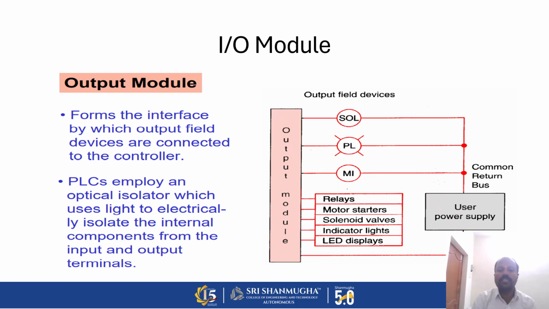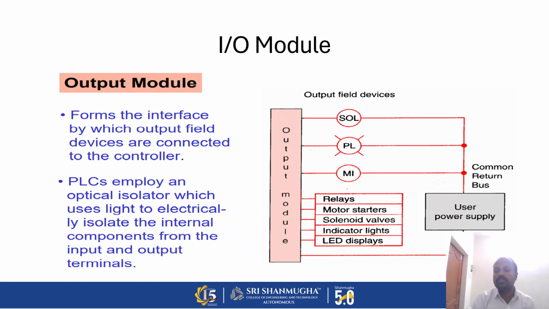Next is the output module. Here we have shown the figure of the output module, where it is connected to output units like solenoid valves and output activating devices like relays, motor starters, indicator lights, and LED displays.